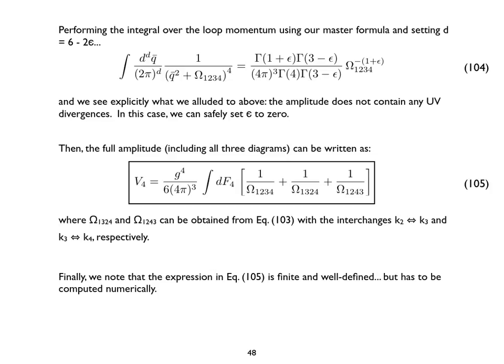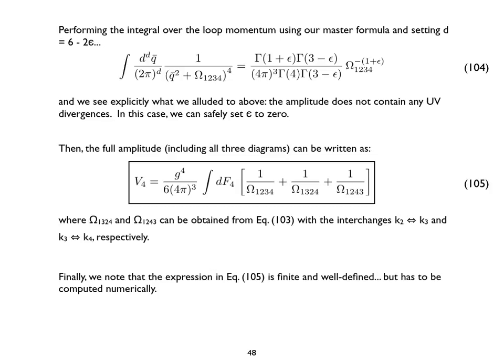Even though I'm computing it in d less than 6 dimensions, just to be safe, you can see that when I take epsilon to 0, this is going to be finite. There are no poles popping up because you have all these gammas that are going to be finite, and then omega is just going to give you some logs. So there are no UV divergences, so we just set epsilon to 0. In the end, we just have the integral of this over all the finite parameters over one of these, and then I just do my replacement.